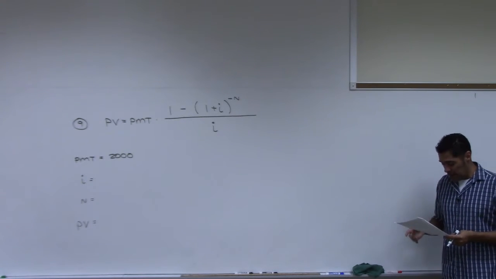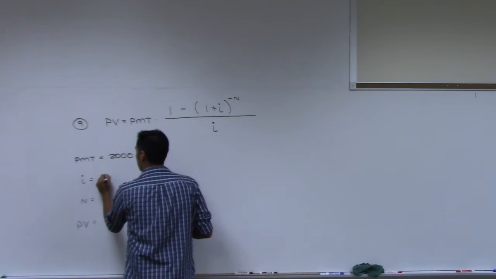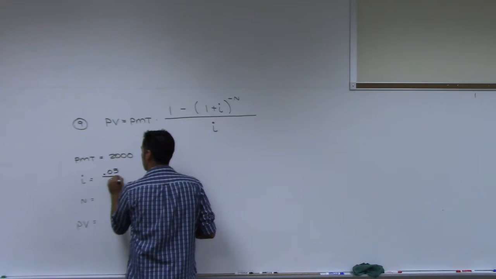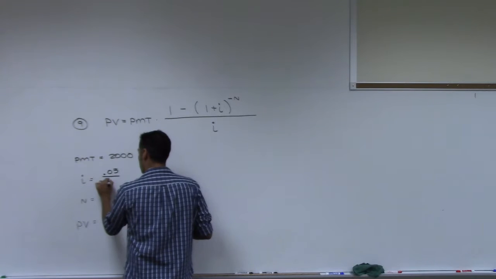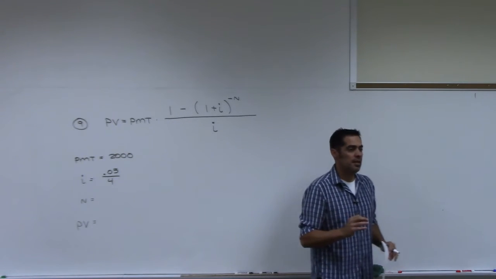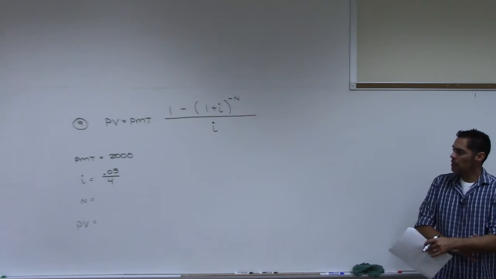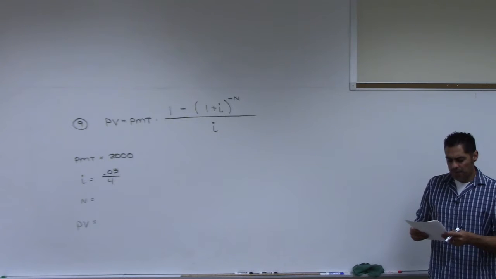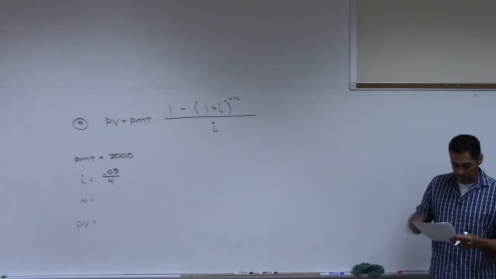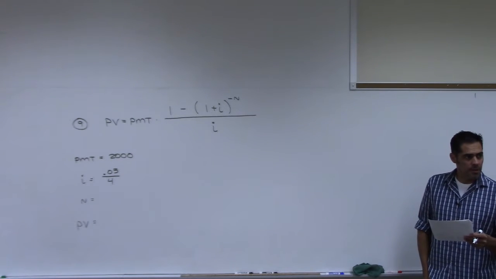Do we know the interest rate? 5%, so 0.05, but I need to divide it by how often it's compounded. It's quarterly, so 4. Do we know the total number of payments, or payments to ourselves? Well, how often are we taking out the money? Monthly? And how long do we want to be able to do this for? 10 years.